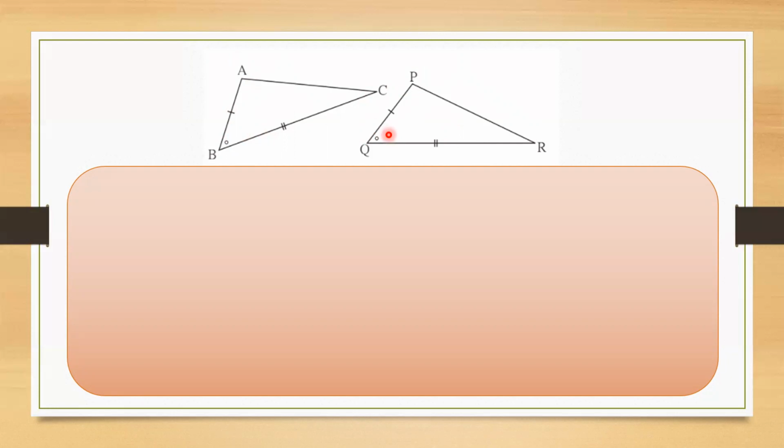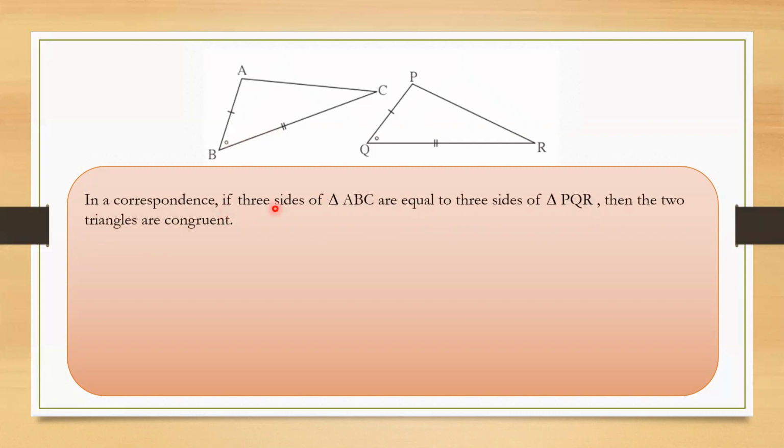Okay, and by looking at this, you see that between the two sides one angle is sandwiched. So which test might it be? It is the side angle side test, because two sides are there and one angle is sandwiched between them. So it will be the side angle side test. In a test of correspondence, here the statement is wrong.